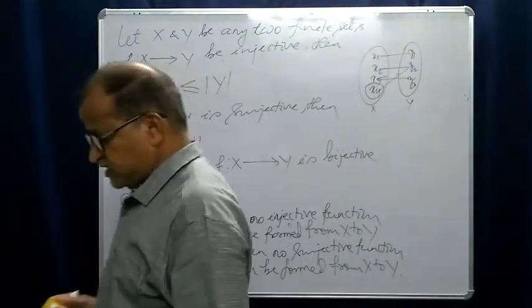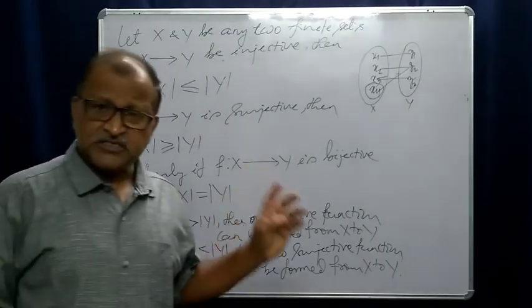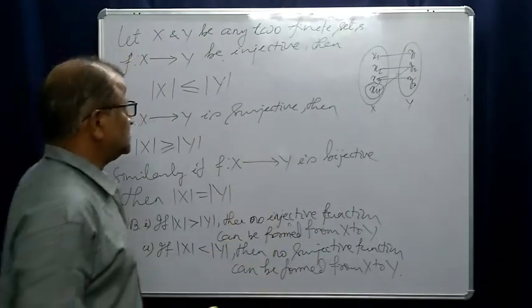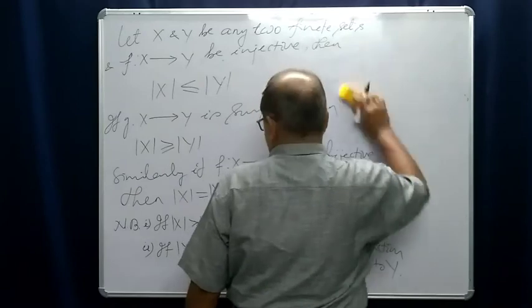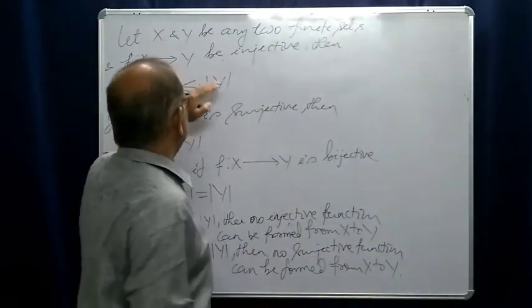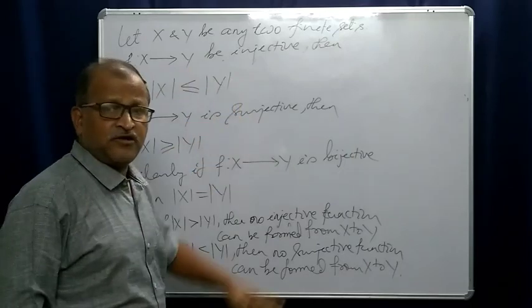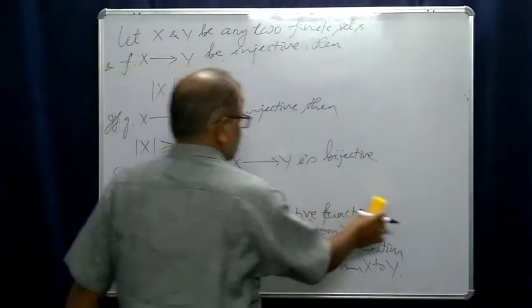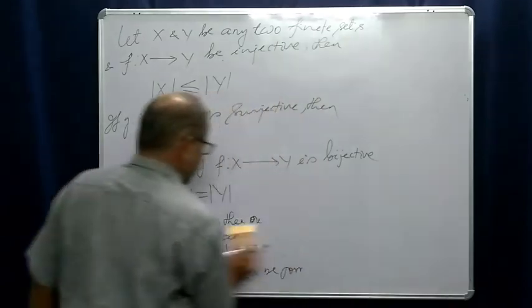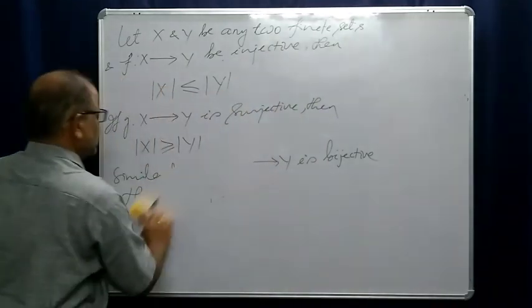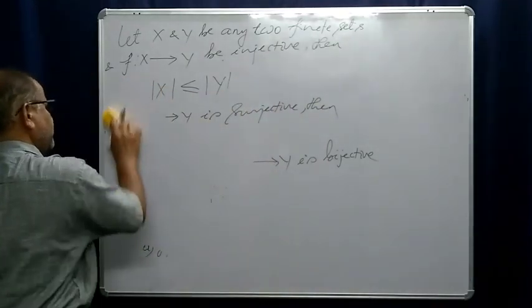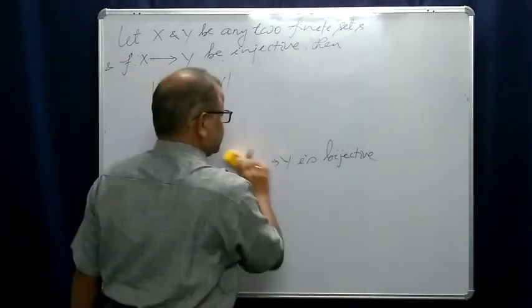Now the question arises: when we can form an injective function, when cardinality of x is less than cardinality of y, let us see how many injective functions can be made from x to y.